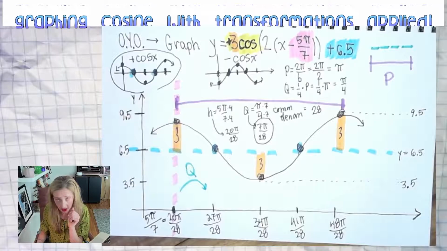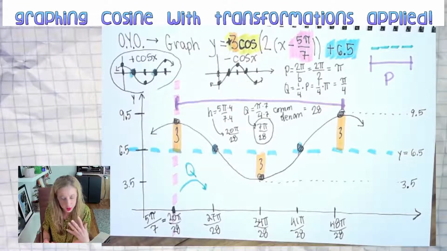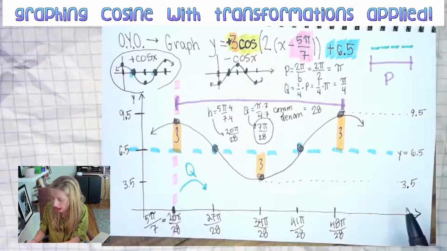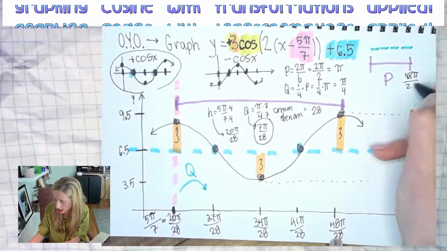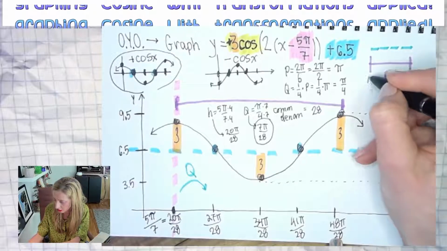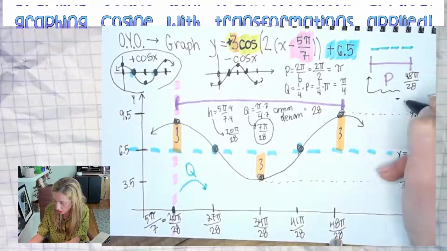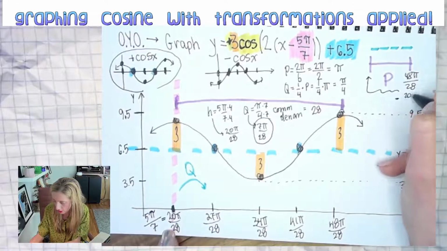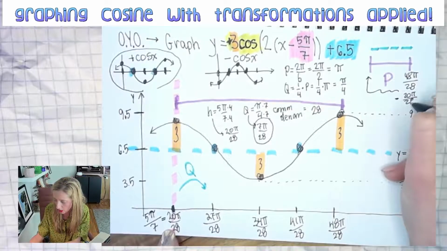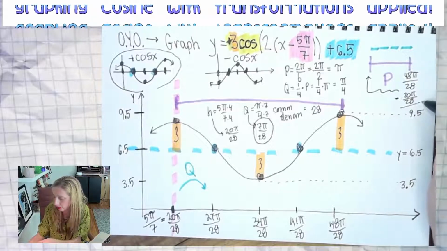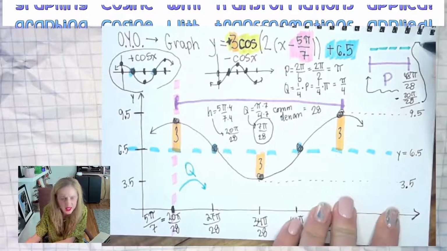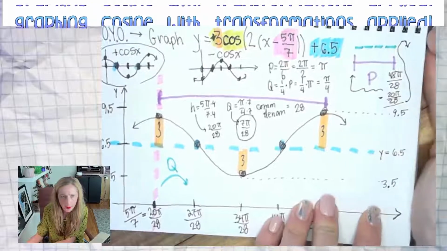If you want to check if your answer seems good, what you could do is last, which was 48 pi over 28, minus first, which was, I would pick this one with the common denominator, of course, 20 pi over 28. If you subtract that, what do you get? Running out of room. Squeezing. Right over there.